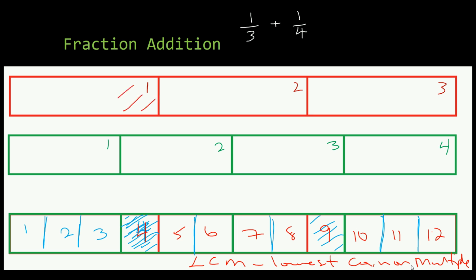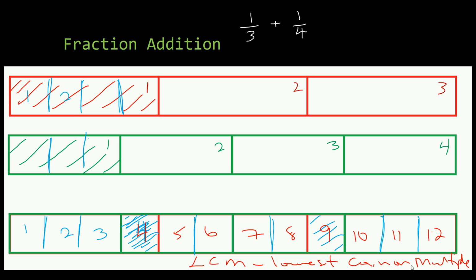I'm adding 1 piece here, and I'm also adding 1 piece here. Notice that each one of those pieces is of a different length. But if I am able to break it up into smaller pieces, 1, 2, 3, 4, and I am seeing I'm able to break that up into 3.